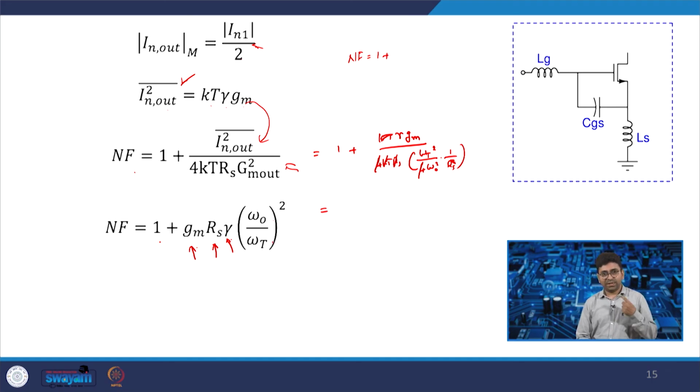The same equation we have also seen when we defined the inherent MOSFET noise, and that also is inversely proportional to omega t. So as you increase omega t, the noise figure reduces and you will get better noise performance. So this circuit will provide you the optimum noise figure with the desired gain.